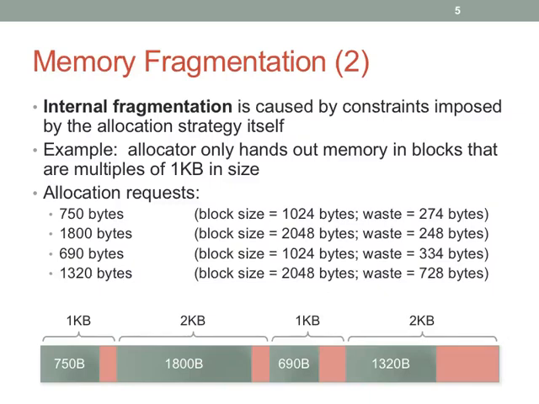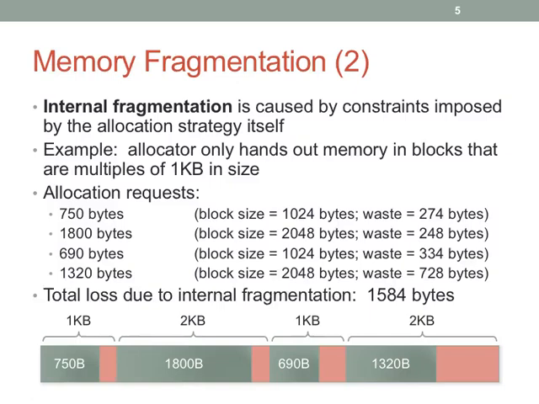And so you can see that with this kind of an approach where we always round allocation requests to a particular size, we easily incur a lot of overhead. We waste quite a bit of resources with this kind of a strategy. Okay? So that's internal fragmentation. So internal is inside the allocator. It's poor choices, let's say.